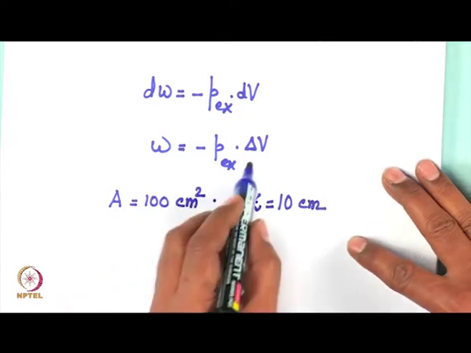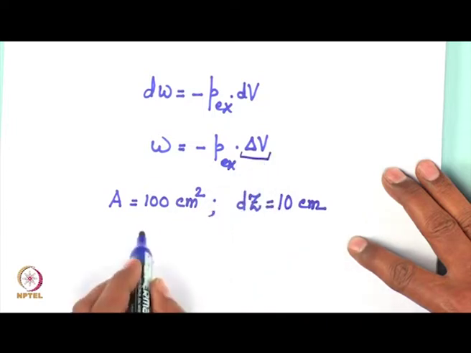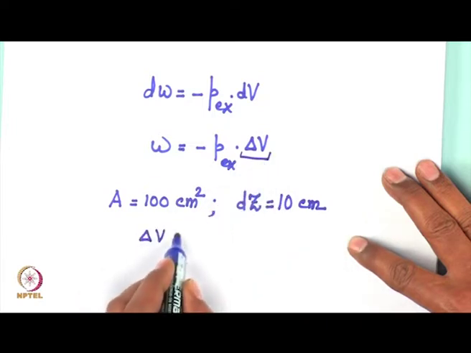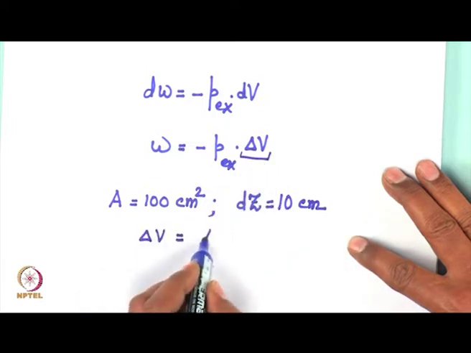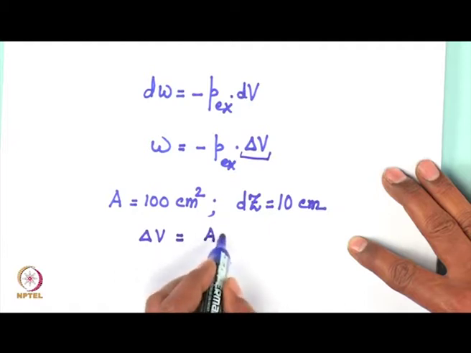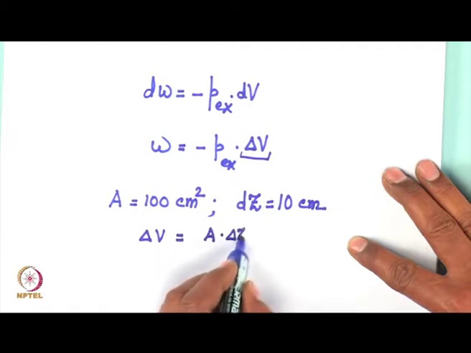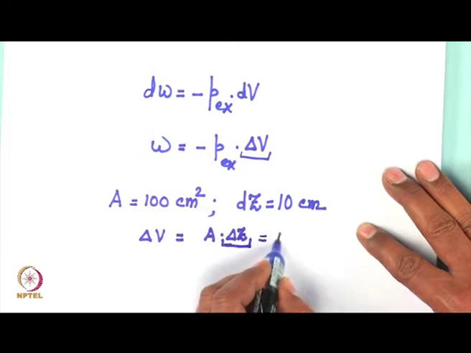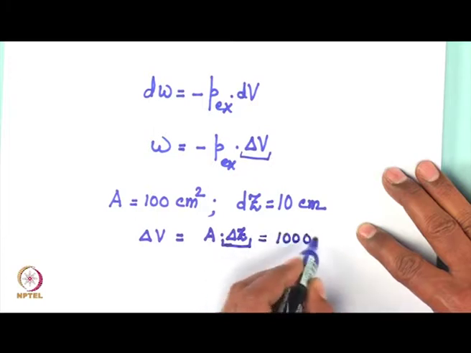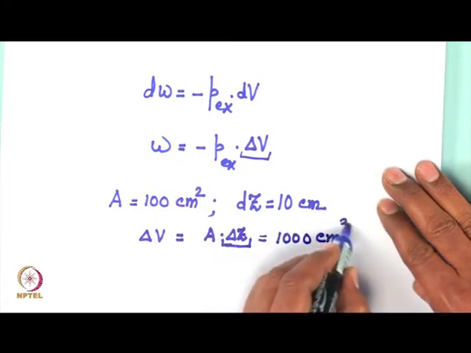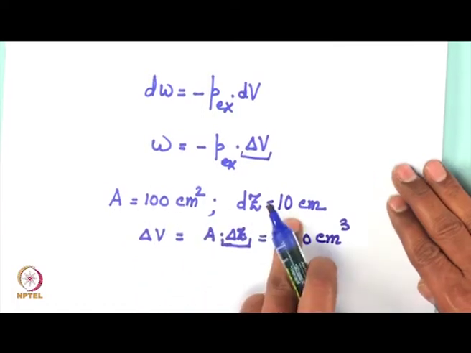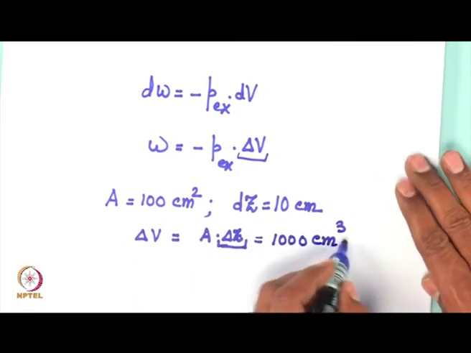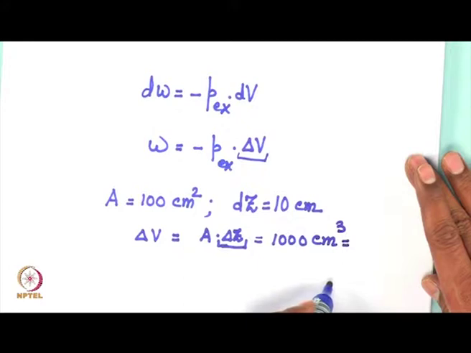Therefore, the change in volume delta V will be equal to area into whatever is the distance moved, which is equal to 1000 centimeter cube, 100 into 10, 1000 centimeter cube, which is equal to 1 liter.